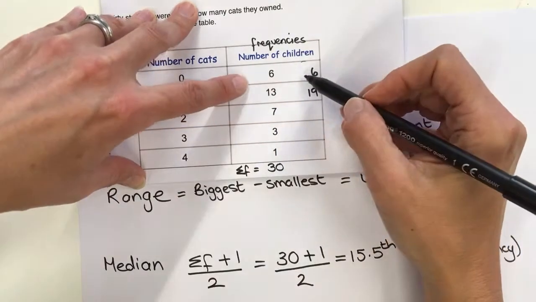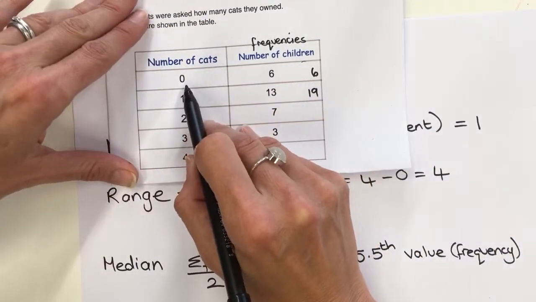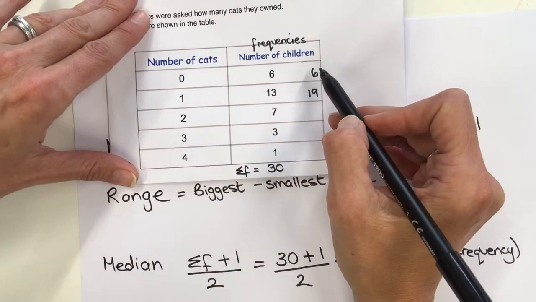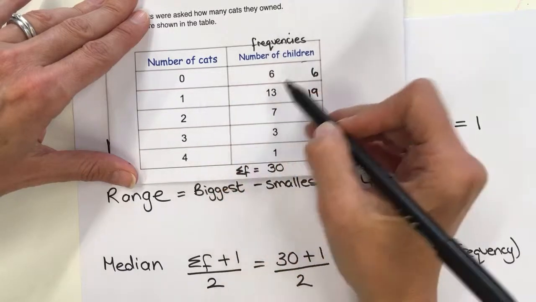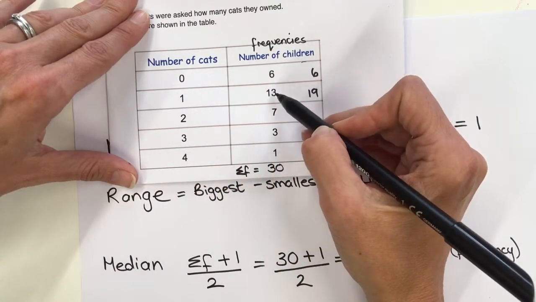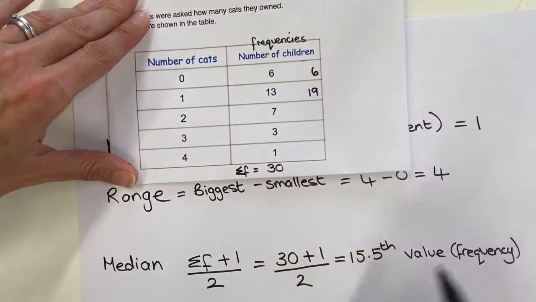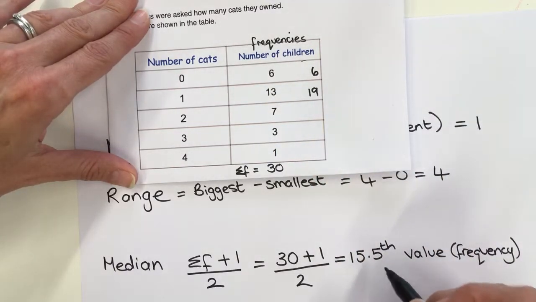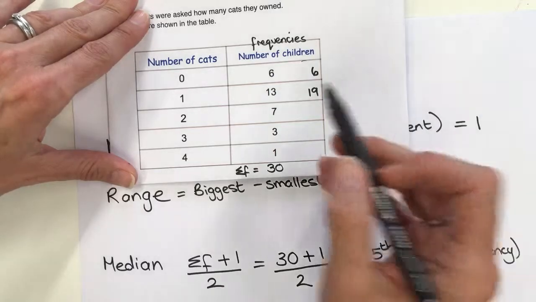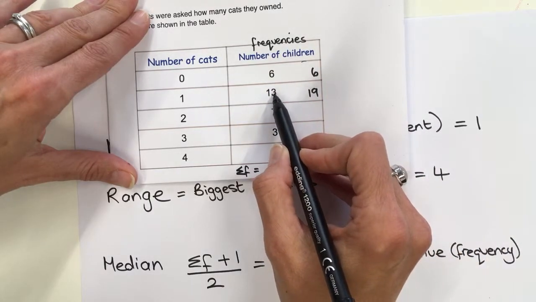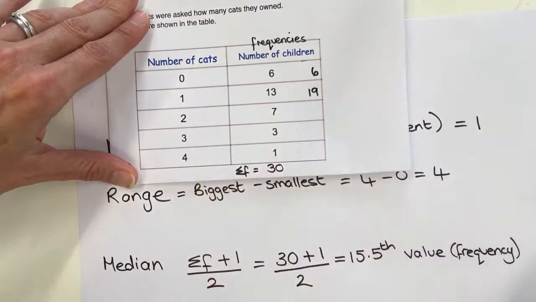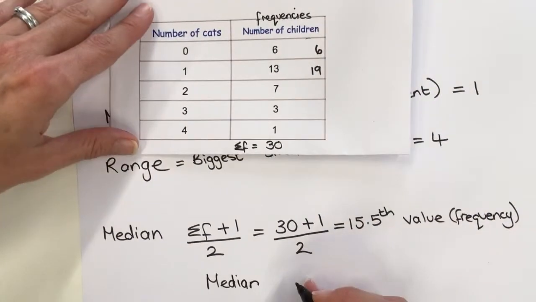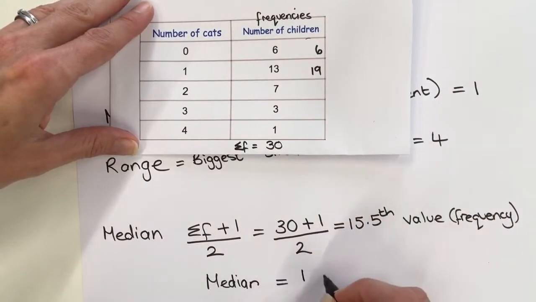These are the first 6, so the median is not 0. The 15.5th value is the 9.5th value in this row, because the first 6 are there, and then we need 9.5 more to get us to 15.5. So the 15.5th value is in this one, because in total out of the 2 rows we have 19. So the median equals 1 cat.